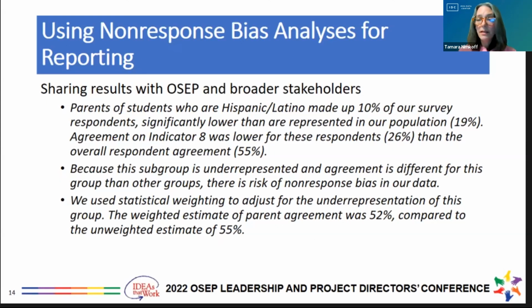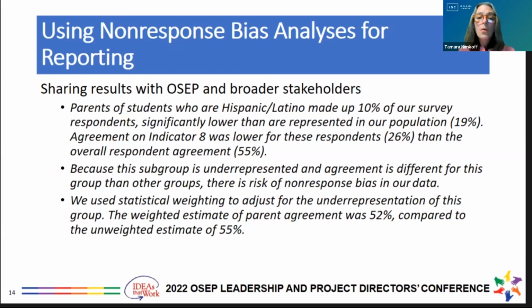The agreement on indicator B8 further was lower for those respondents at 26% than for the overall respondent agreement of 55%. So because that subgroup is underrepresented and agreement is different for that group than other groups, there's a risk of non-response bias in the data.